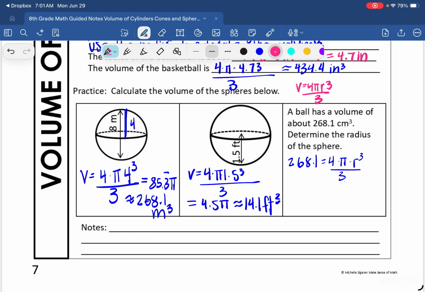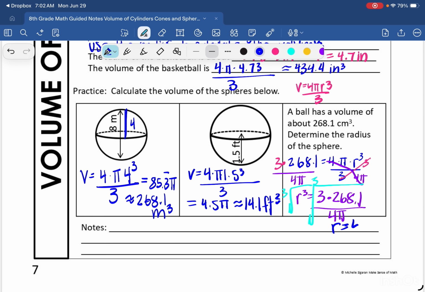To start, I'm going to multiply each side by 3, and then divide each side by 4 pi. So I know that my radius cubed equals 3 times 268.1 divided by 4 pi. To figure out the radius, I'm going to take the cube root of each side, and plug all this into my calculator, and that tells me that the radius, r, equals 4 centimeters.